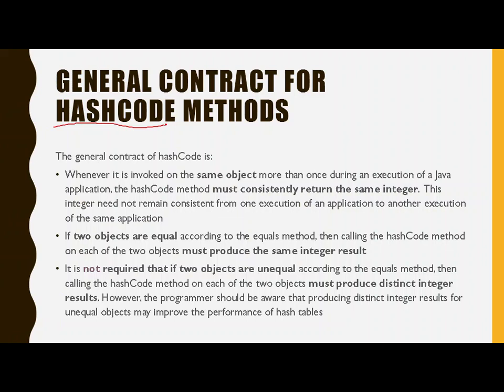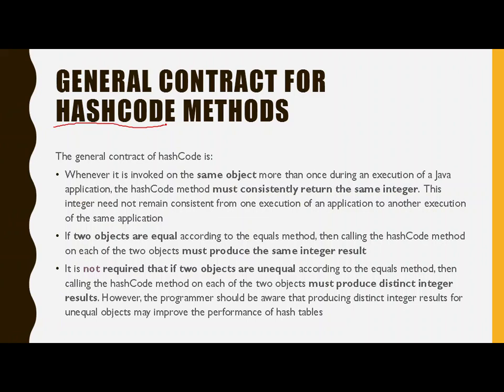If you get a hash code for the same object more than once during the program's run, it better give you the same integer every single time. Does that make sense? Because otherwise this whole thing falls apart. You have to have the same integer generated, because otherwise you can't find it. So that's the first rule.